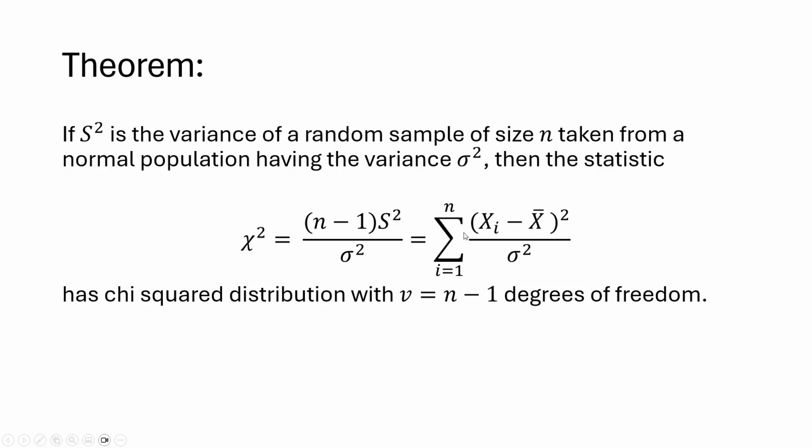This is how you calculate the variance, by the way; x bar is the mean. This has a chi-square distribution with v equal to n minus 1 degrees of freedom.